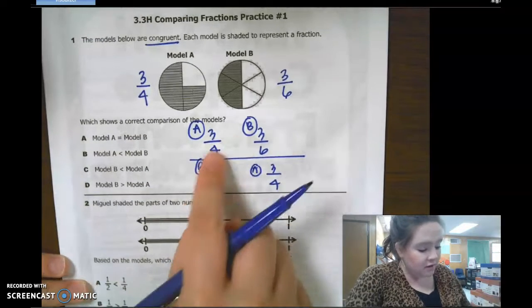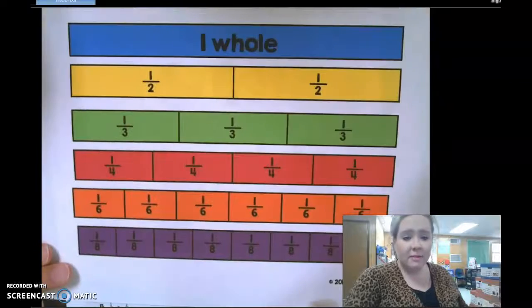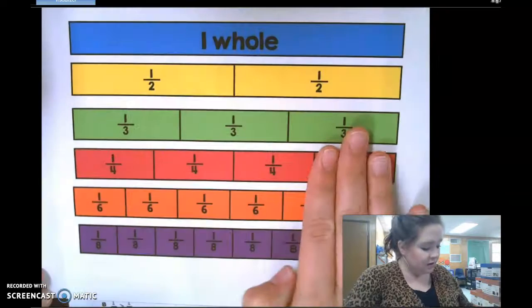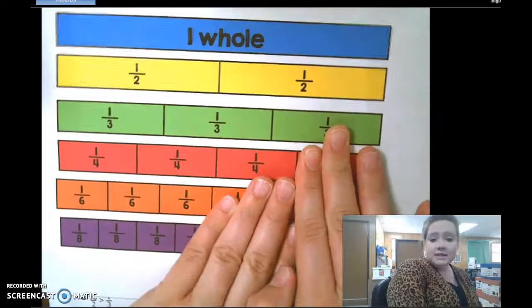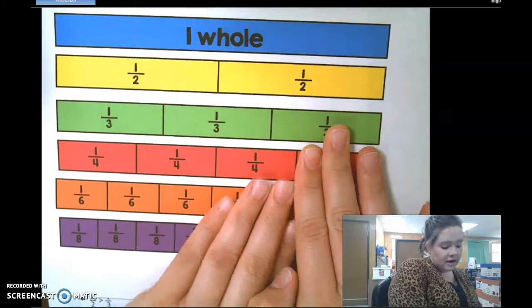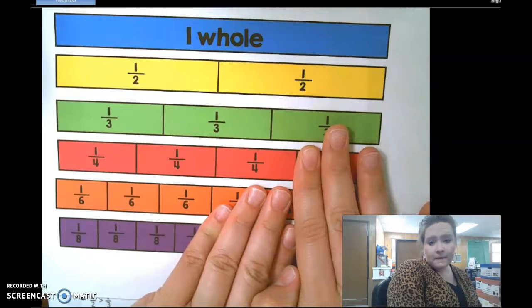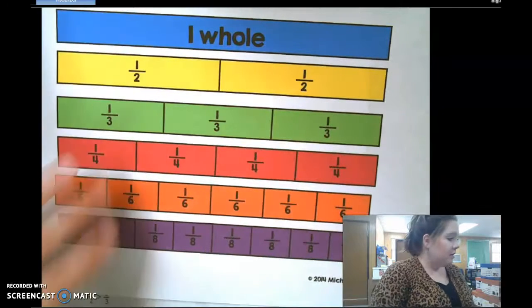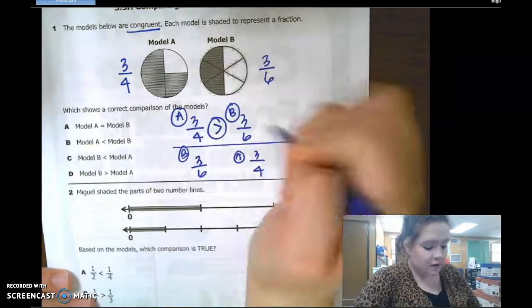So 3/4 is what to 3/6? Well, if I'm looking at my fraction strips, here's 3/4 and here is 3/6. All right, 3/4 is what to 3/6? Good job. 3/4 is going to be greater than 3/6.